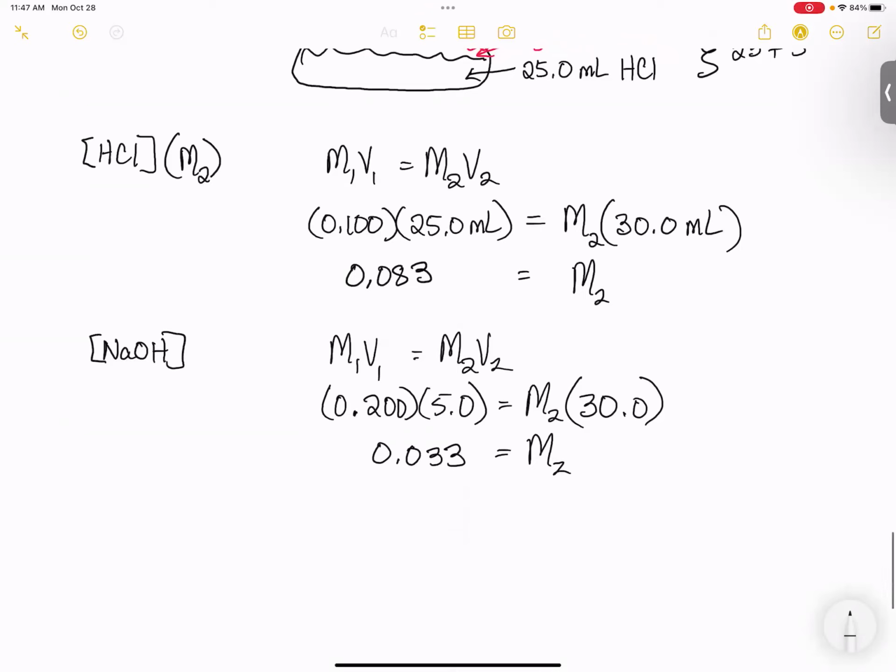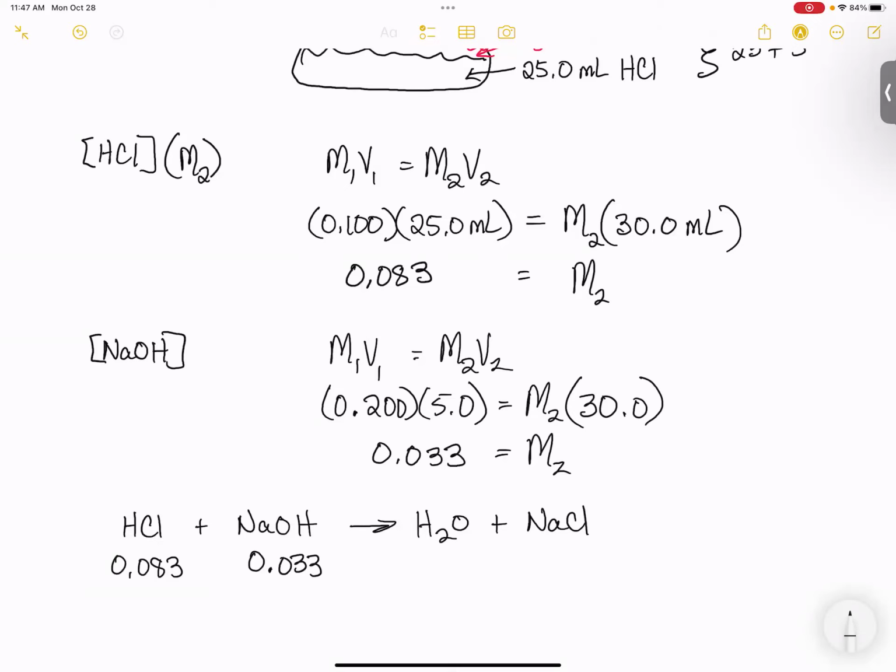Now, at this point, we have hydrochloric acid reacting with our sodium hydroxide to form water and sodium chloride. We started out with 0.083 of our hydrochloric acid and 0.033 of our base. When you add a strong acid or a strong base, the reaction will go to completion.